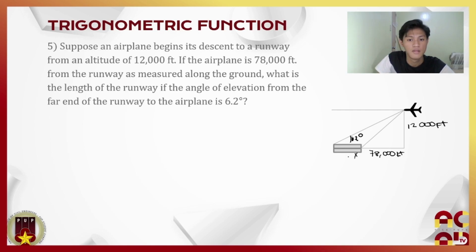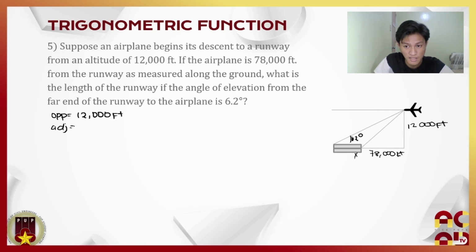Ayan. So, paano natin yan gagawin? So, ano nga ba yung mga values na involved? So, meron tayong opposite na 12,000 feet. So, ang ating opposite ay equal sa 12,000 feet. And then, ang adjacent natin ay hindi natin pwedeng sabihin na 78,000 feet.